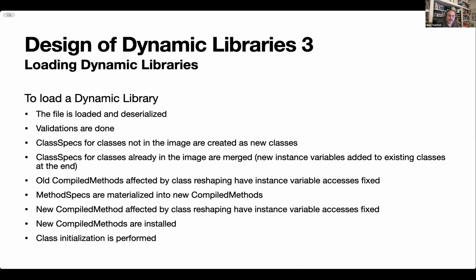Any existing method in the image that accesses these instance variables needs to be adjusted for this. Additionally, if the image loading a library includes instance variables that the library is unaware of, any method spec accessing an instance variable that is now at a different position will also be fixed. After we do this, class initialization is performed, and we are essentially done loading the library.